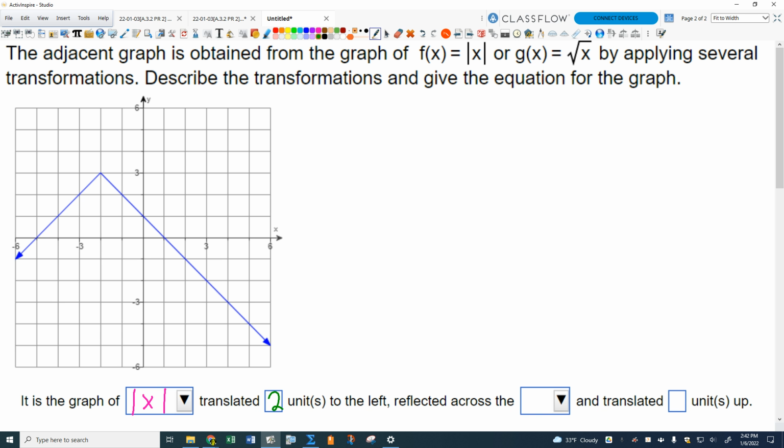And it looks like it's reflected across what? Okay, the x-axis, right? It's been reflected vertically. Everybody agree? Okay, and it's translated how many units up? 3, okay?